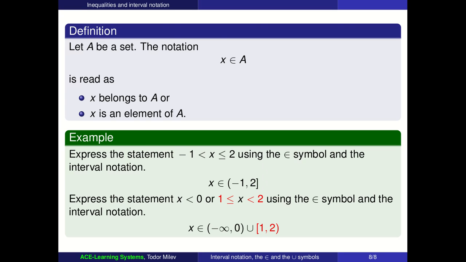So the fact that it is either one interval or the other interval means that x is inside one of the intervals or the other, which means that x belongs to the union of the two intervals.